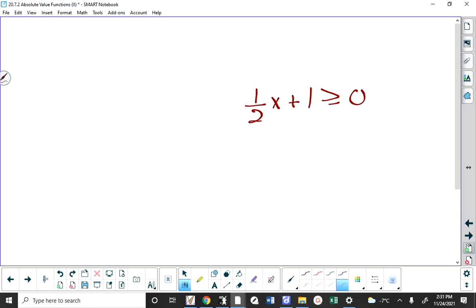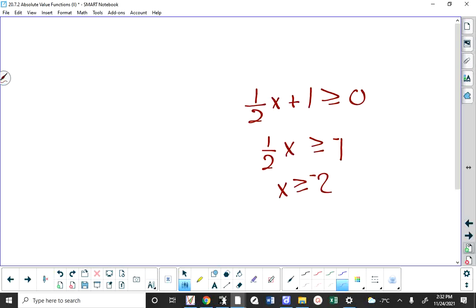If I subtract 1 from both sides, I'll get 1/2 x is greater than or equal to 1. If I multiply both sides by 2, I get x is greater than or equal to 2. My mistake. When I subtract 1 from both sides, I get -1. When I multiply both sides by 2, I get -2.